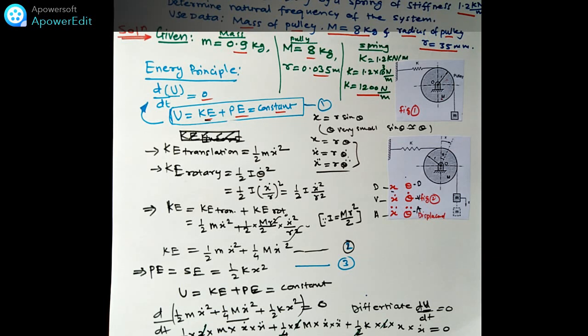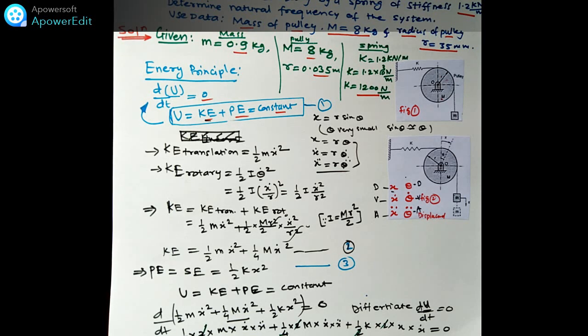This x double dot is a common term, I will take it outside: small m plus capital M by 2, into x double dot, plus k x. Again rewriting, x double dot plus k in the denominator of small m plus capital M by 2, into x is equal to 0. So this is nothing but the equation.